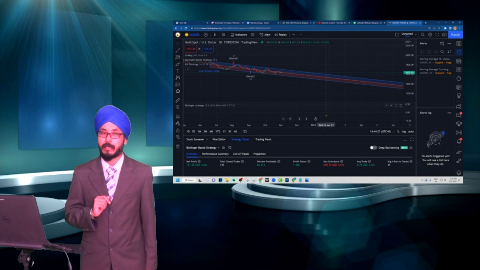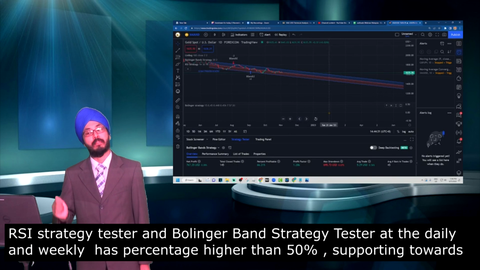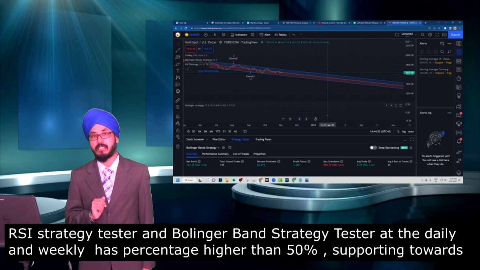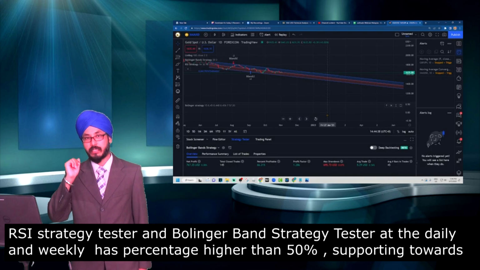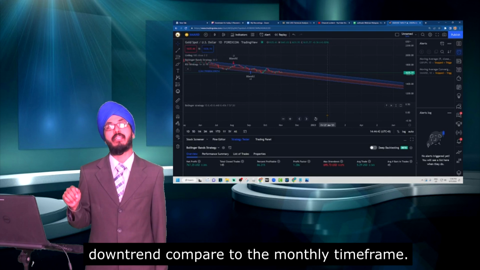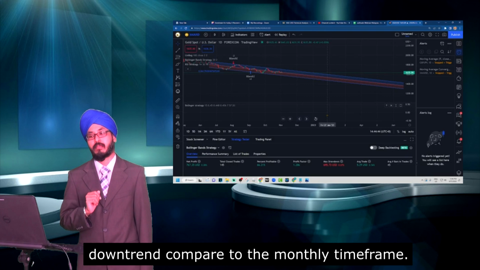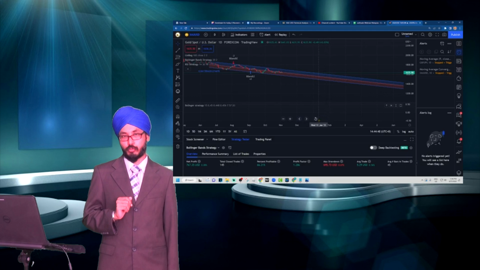As we can see here, there are 2 time frames which are helping towards this trend. And also the Bollinger Band strategy tester and the RSI strategy tester are stronger in the daily and also the weekly. Thus, we can confirm that we can go with our downtrend.